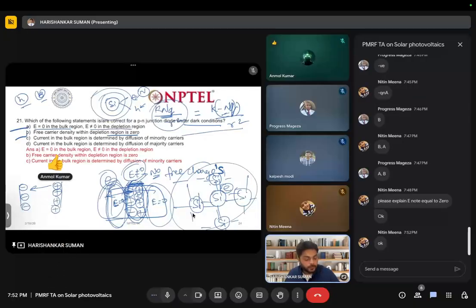Okay, thank you. So yes, there is no electric field in the bulk, because the bulk is a neutral region with no charge, and electrons and protons are the same on every atom, so no net charge density.